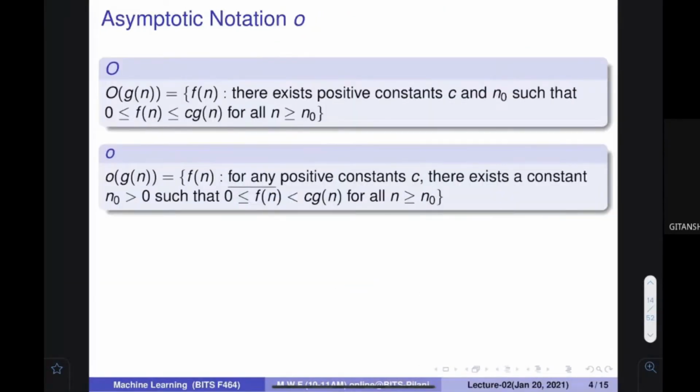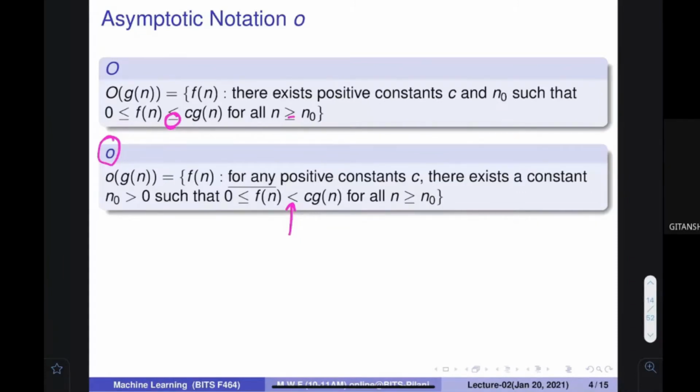In the big O, there is a small modification that makes it a small o, and that modification is that you remove the equality from here. If you remove the equality, all the functions which are smaller than this are only allowed in my set. So you may now think that the functions which had the same level are removed.